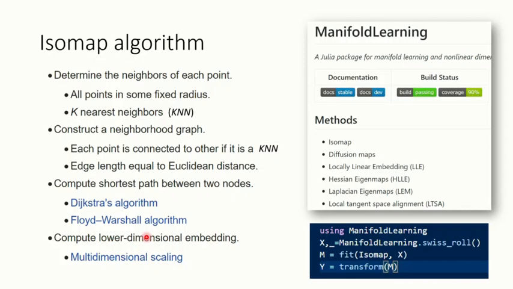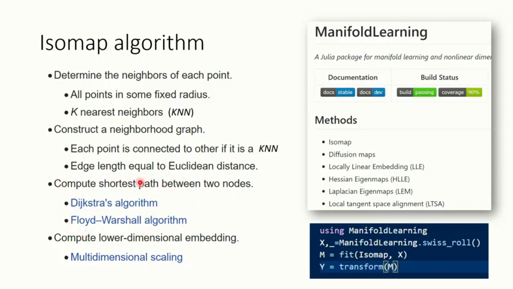If you have one node here and another, you need to find the shortest distance, moving from one end to another following this built KNN network. You cannot jump from here to here because there's no direct link between them. You have to move along those KNN networks.